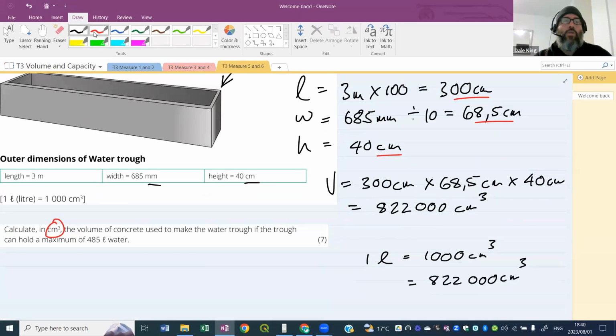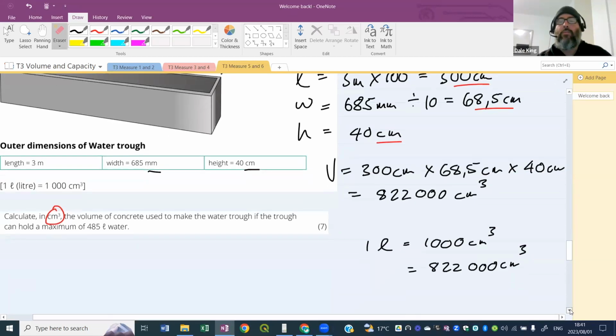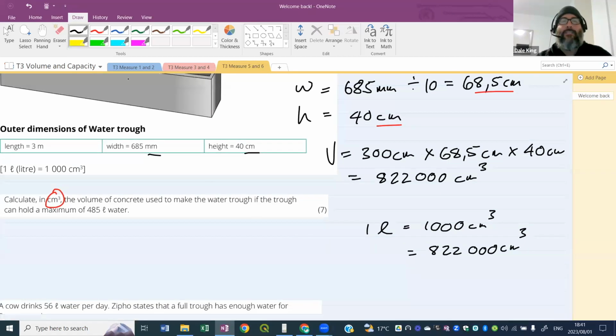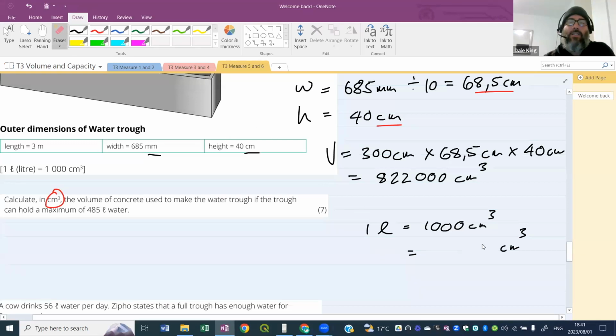Okay, and we're trying to work out what this number over here is. I think I made a mistake. Oh no, I'm incorrect. Since we're using 485 liters of water, we have to use the 485 liters instead of the 822,000. So here we have the question mark, and over here 485 liters.